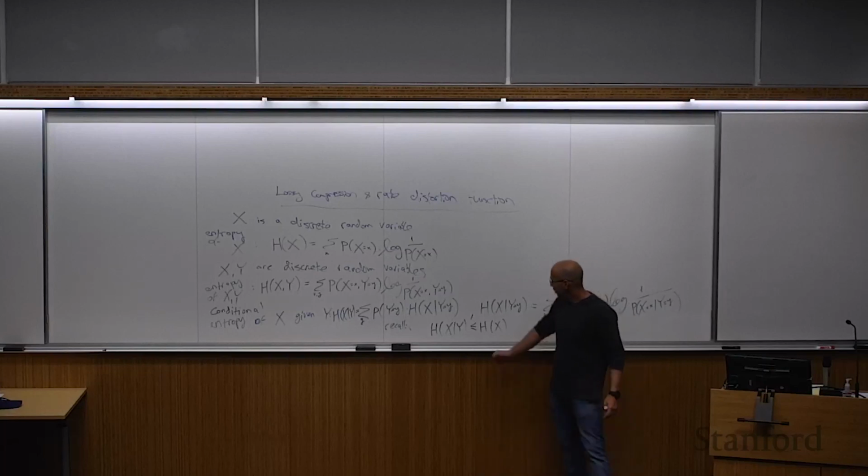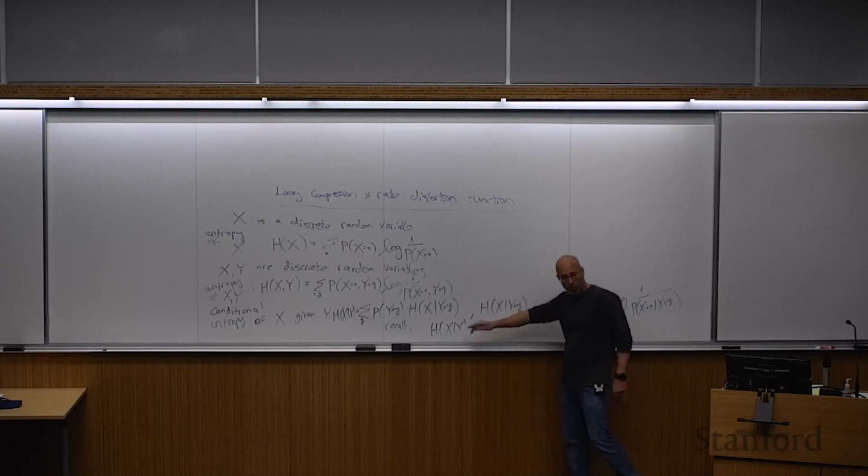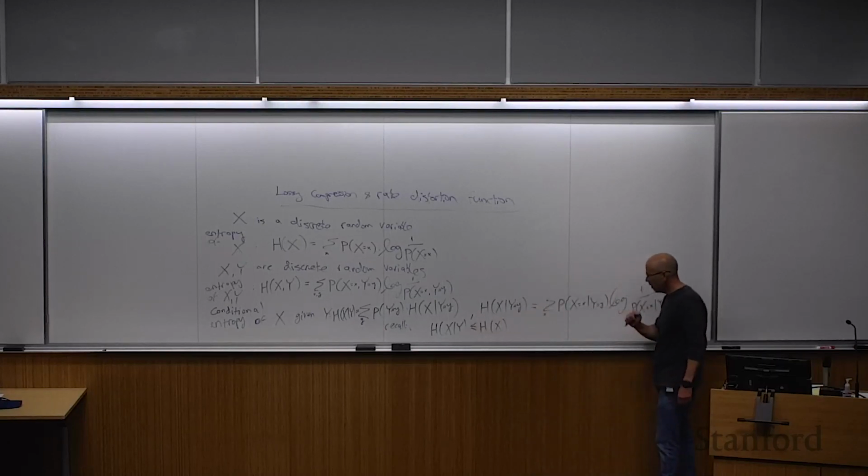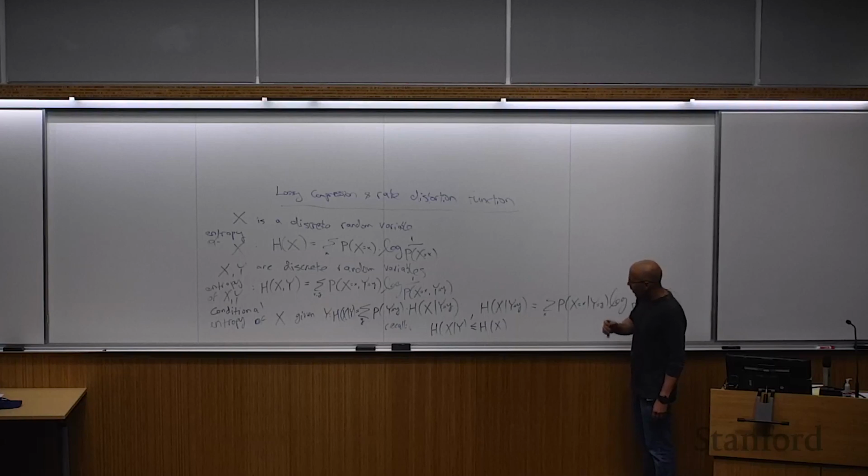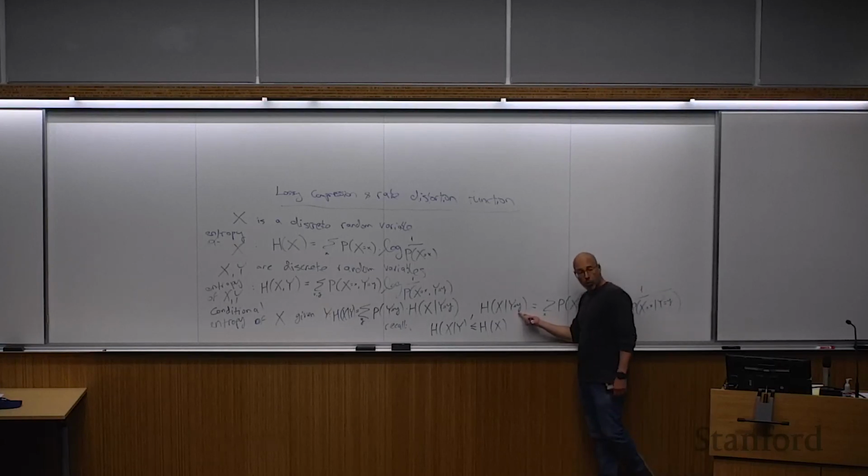So you're always going to have this relationship, even though, and this is also something that Shubham pointed out, it's possible that for some specific values of y, this thing is suddenly larger than the entropy of x.